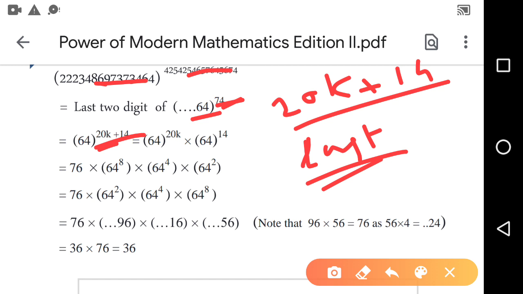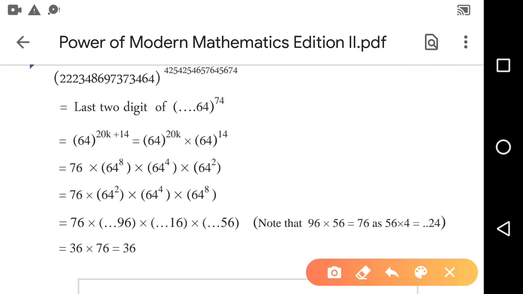So we have expressed it in this manner, and 64 raised to 14 can be written as 64 raised to 8, 64 square, 64 raised to 4. So now, friends, here is 2, here is 4, and here is 8.